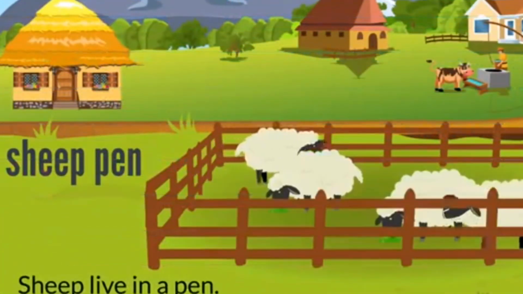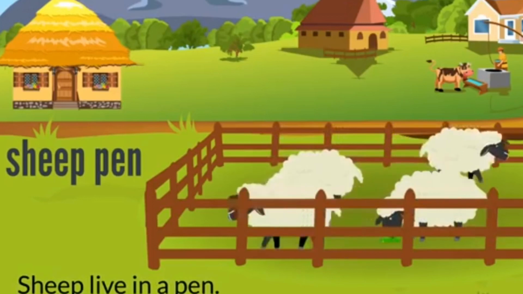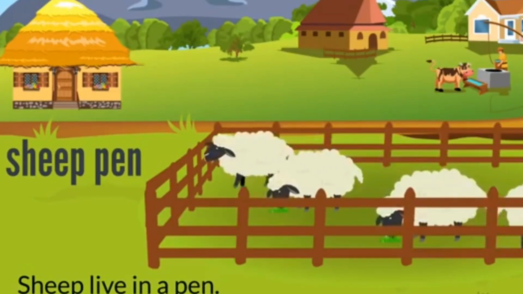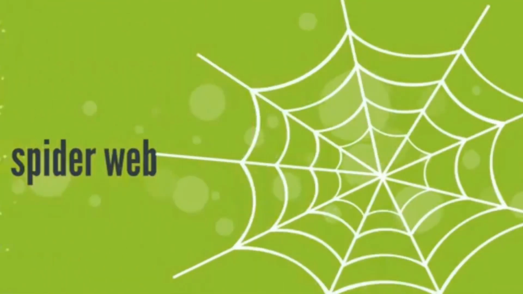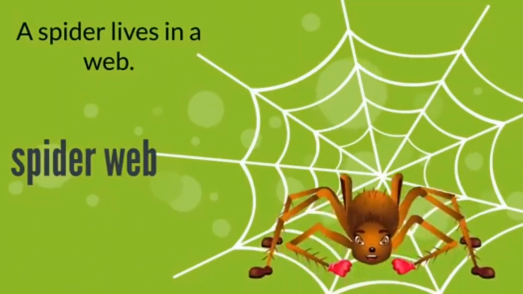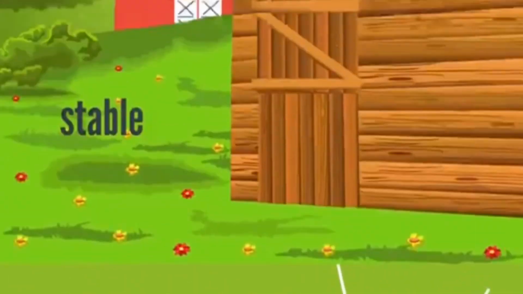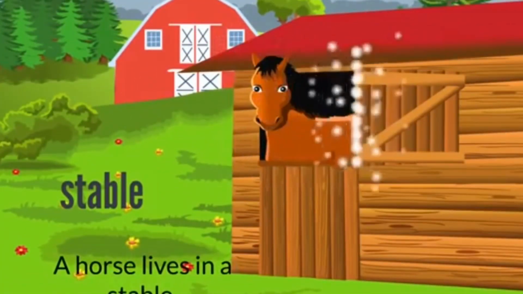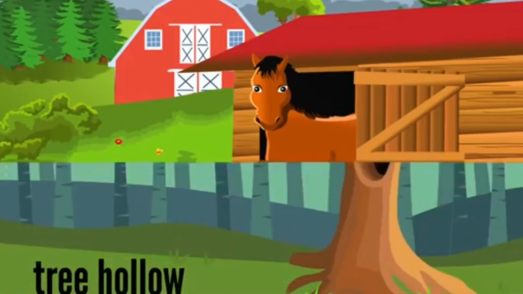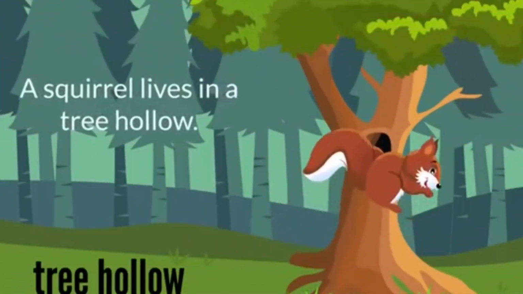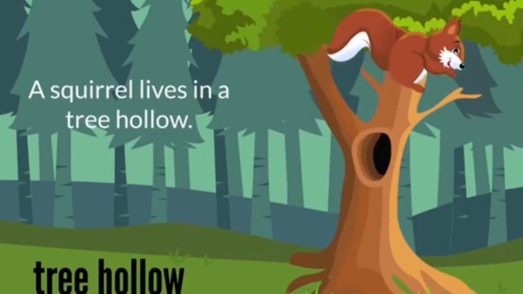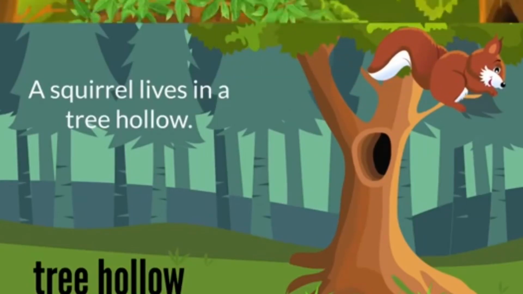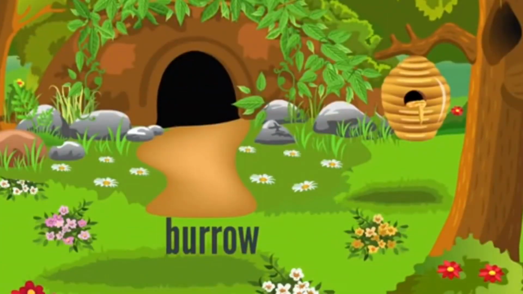Sheep pen. Sheep live in a pen. Spider web. A spider lives in a web. Stable. A horse lives in a stable. Tree hollow. A squirrel lives in a tree hollow. Burrow.